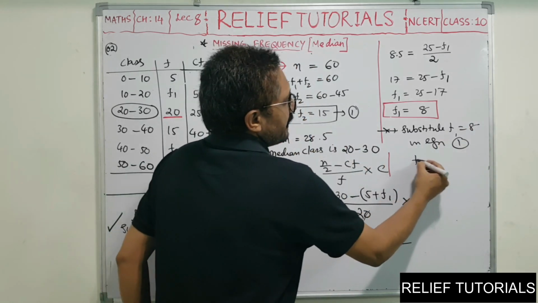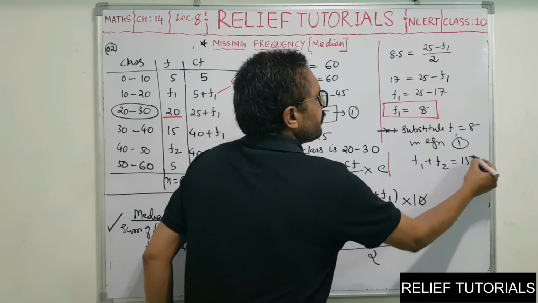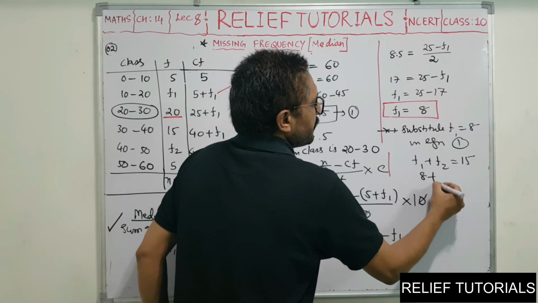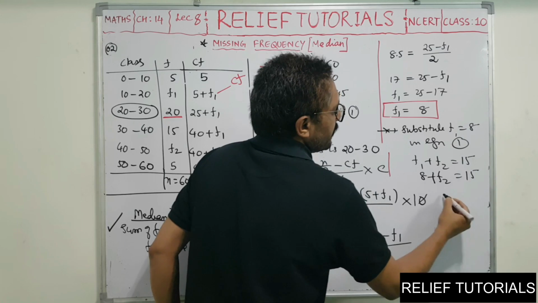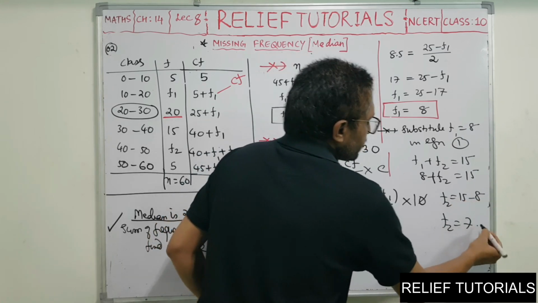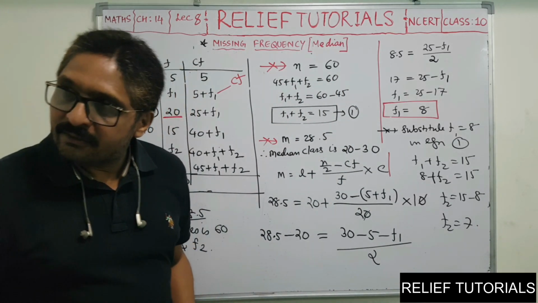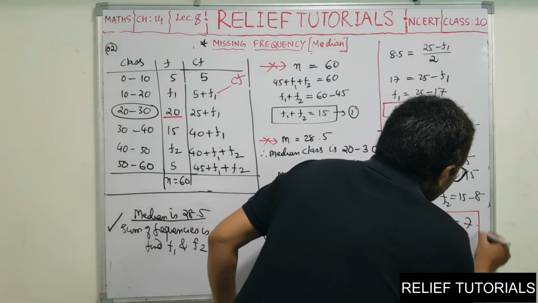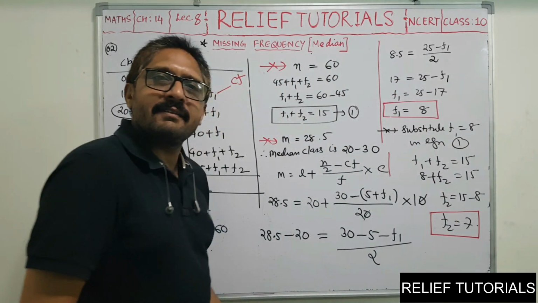What is equation 1? F1 plus F2 is equal to 15. So 8 plus F2 is equal to 15. So F2 is equal to 15 minus 8. So F2 is equal to 7. In this way, our missing frequency F2 is equal to 7.